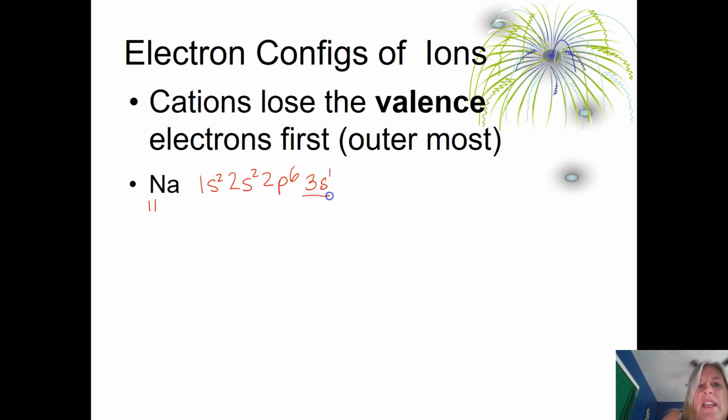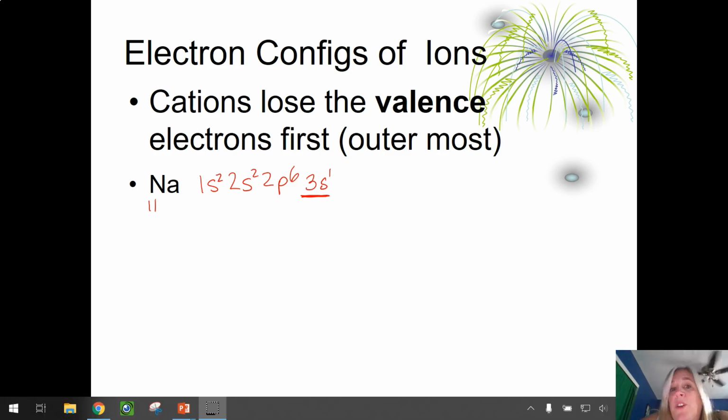So this right here, that's that 1 electron, our valence electron. And if we got rid of it, we would now be a noble gas. Which noble gas would we be? If you go to your periodic table and look at who is sitting in the 2p6, what noble gas is at the end of row 2, you will see that that is neon.